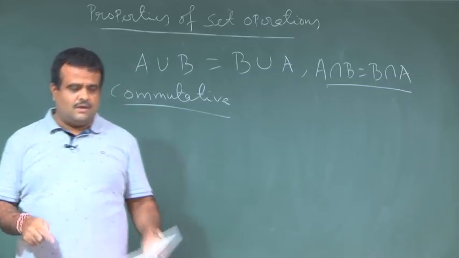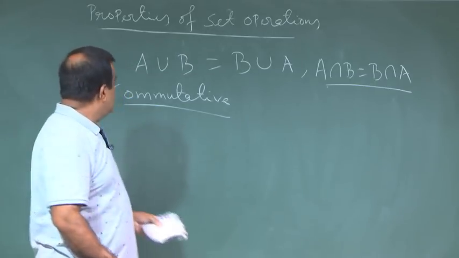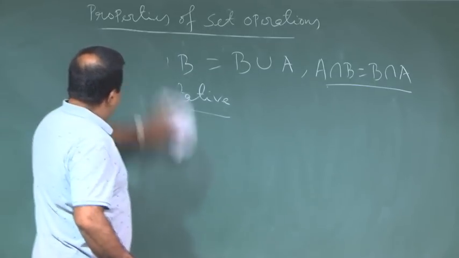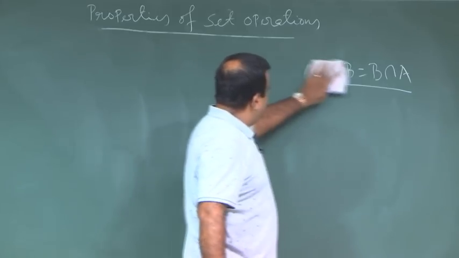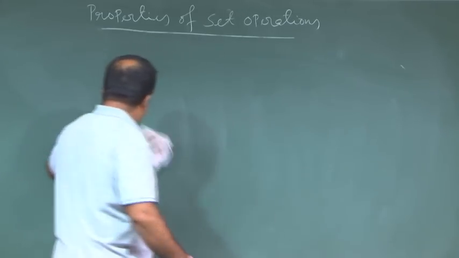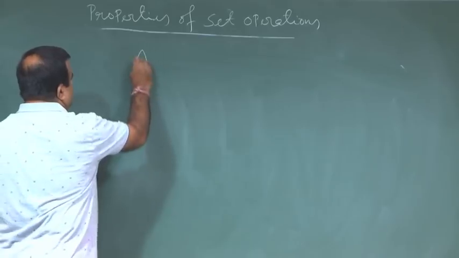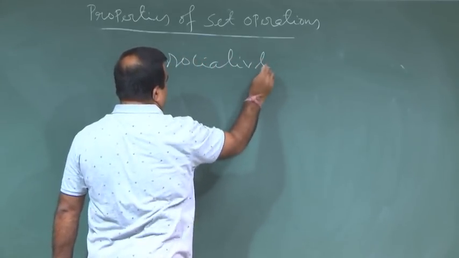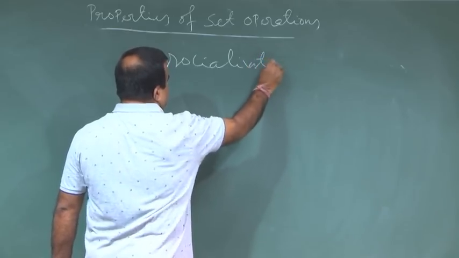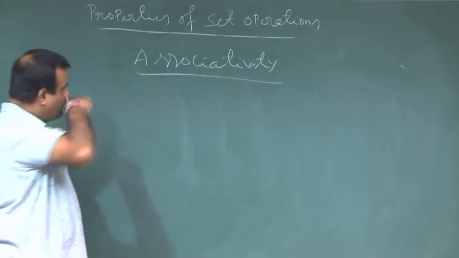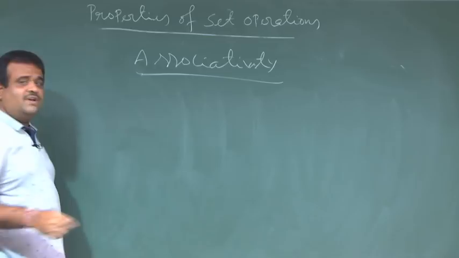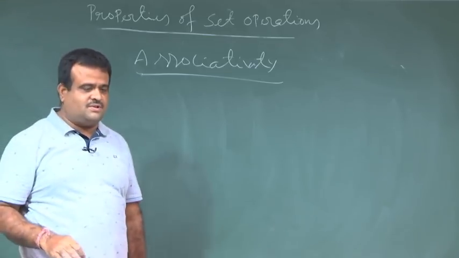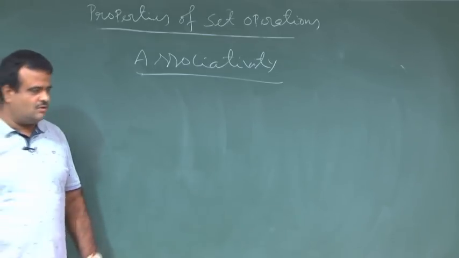So, this is the commutative property, and we have another property which is the associativity property. So, if we take three sets A, B, C, three non-empty sets, even this is true for empty sets also.